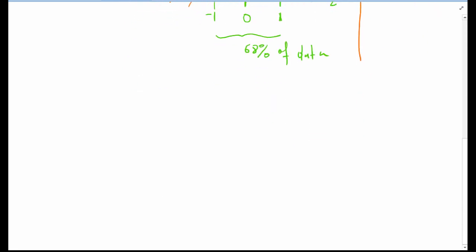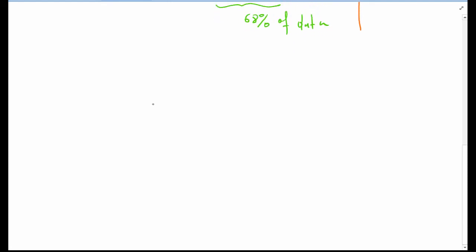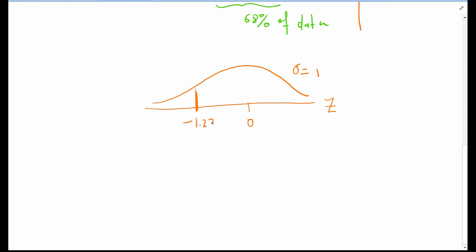We have a set that is standard normal, normally distributed with a mean of 0 and a standard deviation of 1. We want to know, from negative infinity to negative 1.23, what percentage of the data falls below that value.